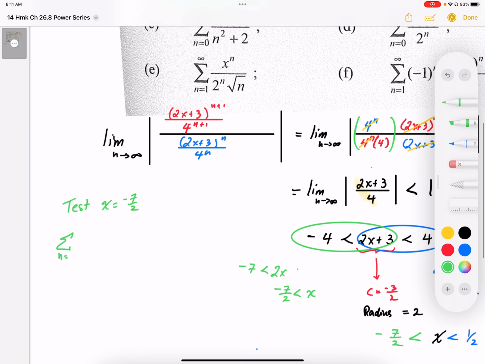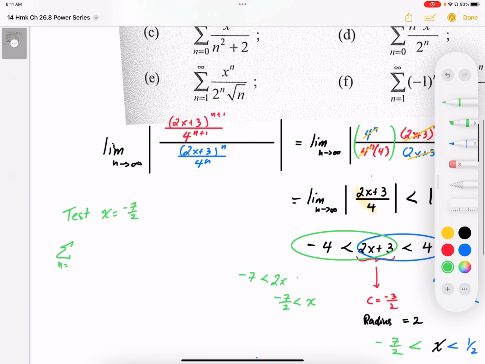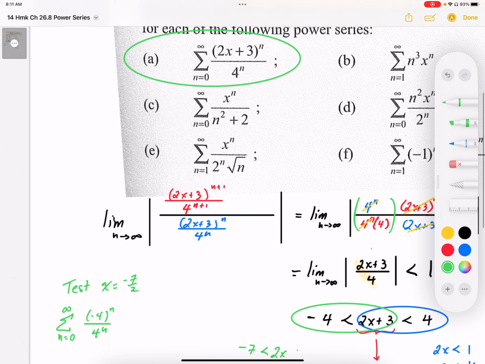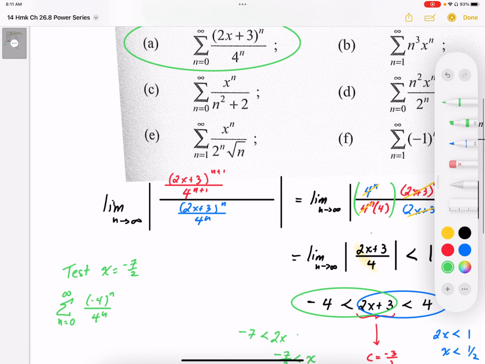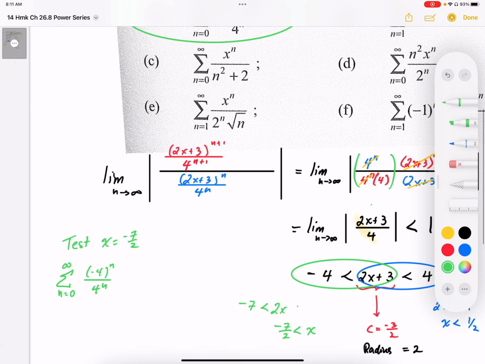So n equals, we're starting at 0 this time. And I'm going to have (-4)^n over 4^n. So I've substituted my x, and I've worked that out. My numerator is (-4)^n. So simplifying this, this becomes (-1)^n.